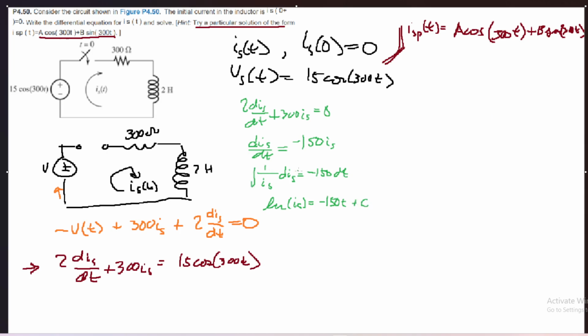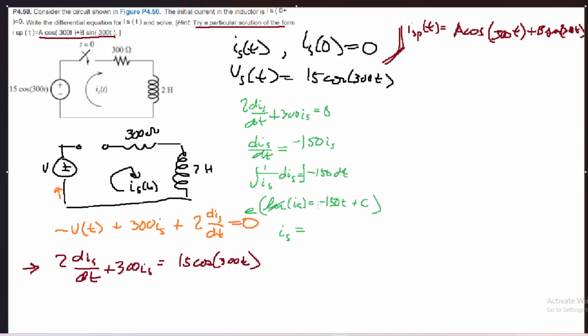Then from here we can simplify even more to cancel out the ln, which isolates Is for us. We have to take e to this side as well.